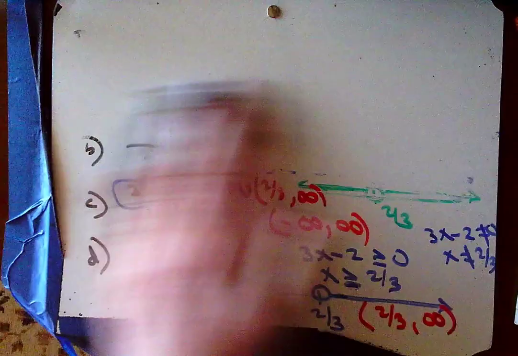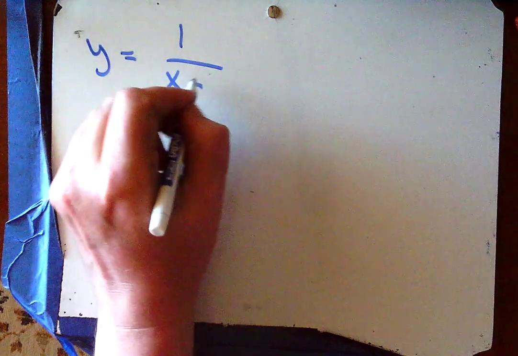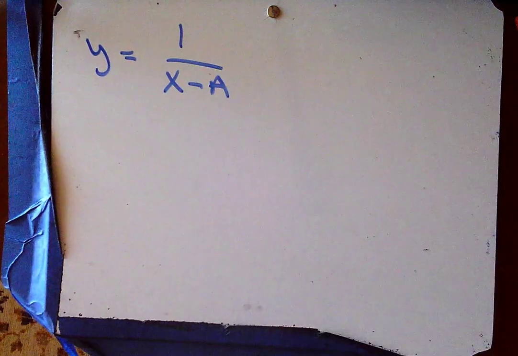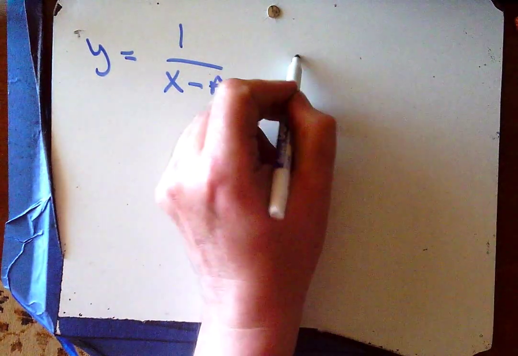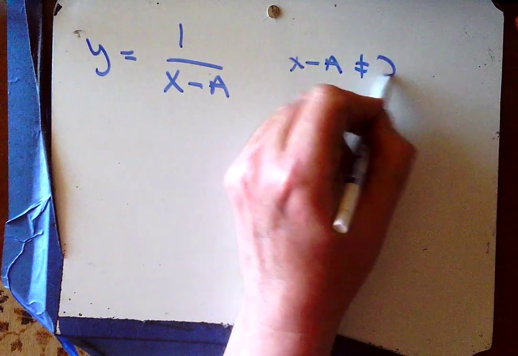But let's take this and make it a little more pre-cal-like. Y equals 1 over x minus a, where a is some constant. A is a constant. Do not put a number in for a. Do not make up a number and plug it in for a. Your answer has to have an a in it. Simple as that. So we know that x minus a can't equal 0.